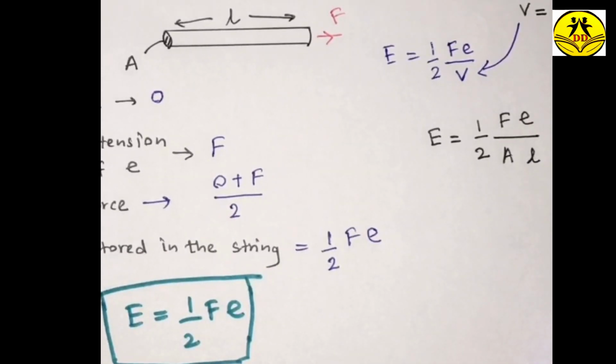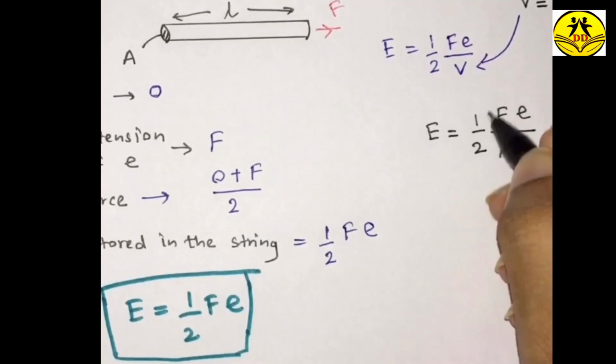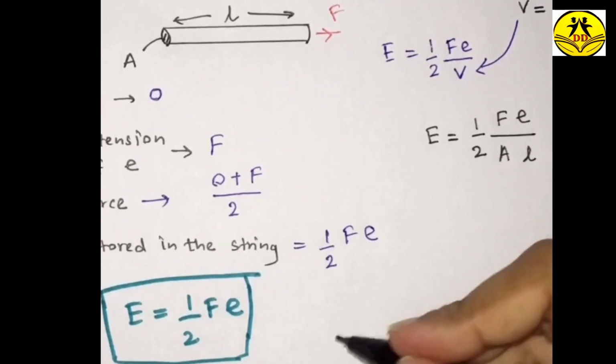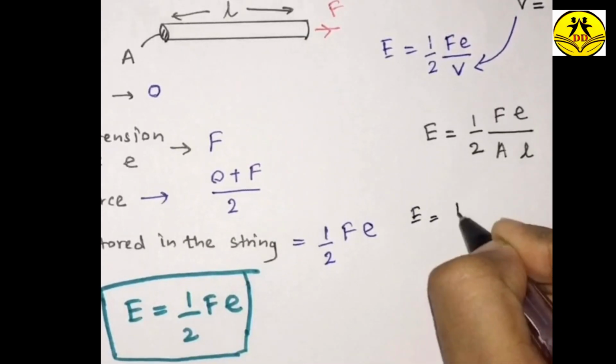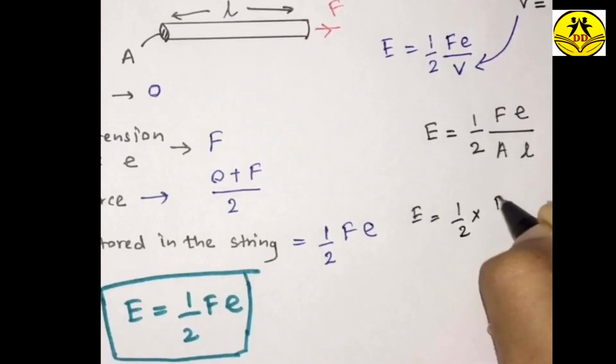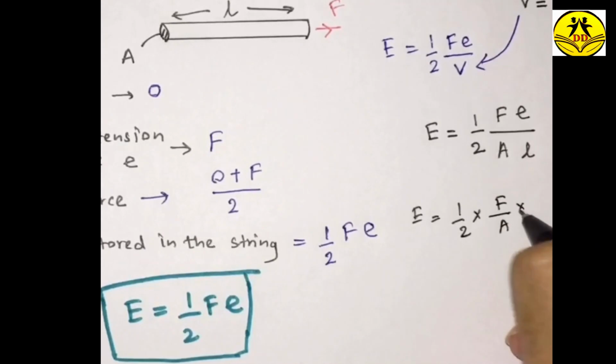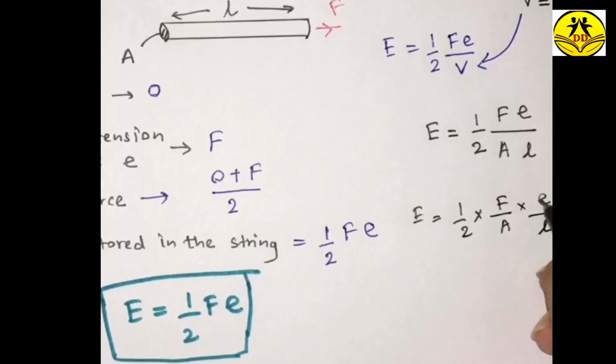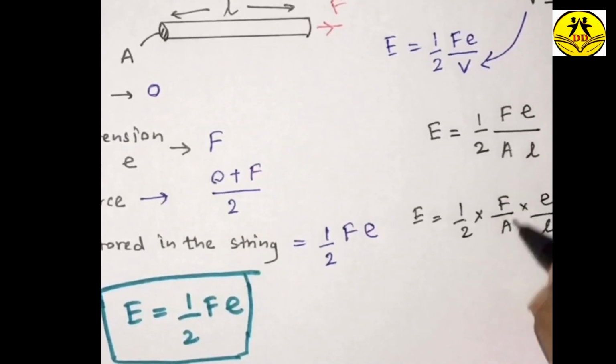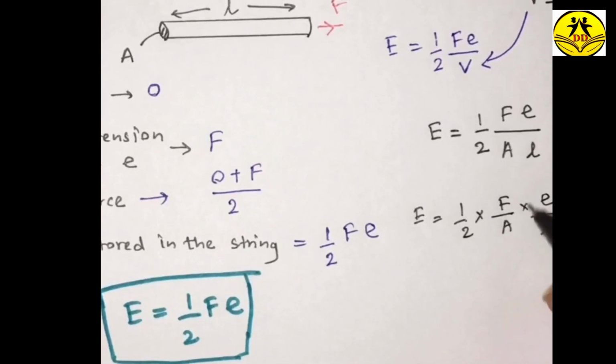When we separate these terms, we see this is F over A, E over L. So you get half into F over A into E over L. You can see this is special. F over A is the stress, E over L is the strain.